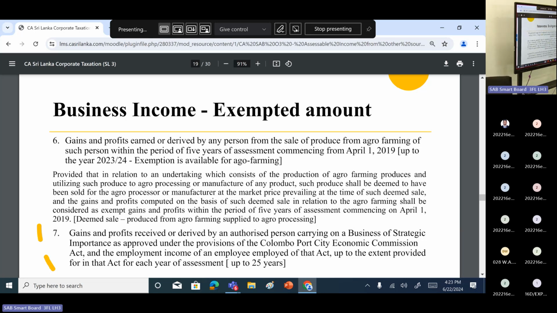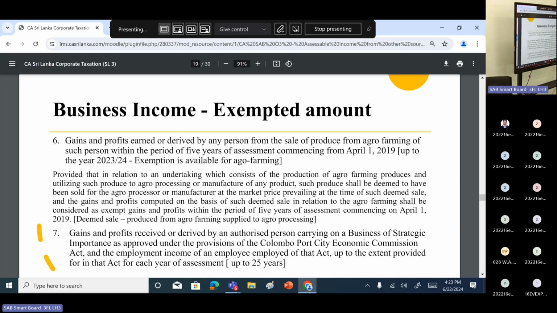If somebody has a tea estate as well as a manufacturing plant, they have to recognize estate income separately and plant income separately. So they have to recognize notional sales from the estate to the plant, the manufacturing division.